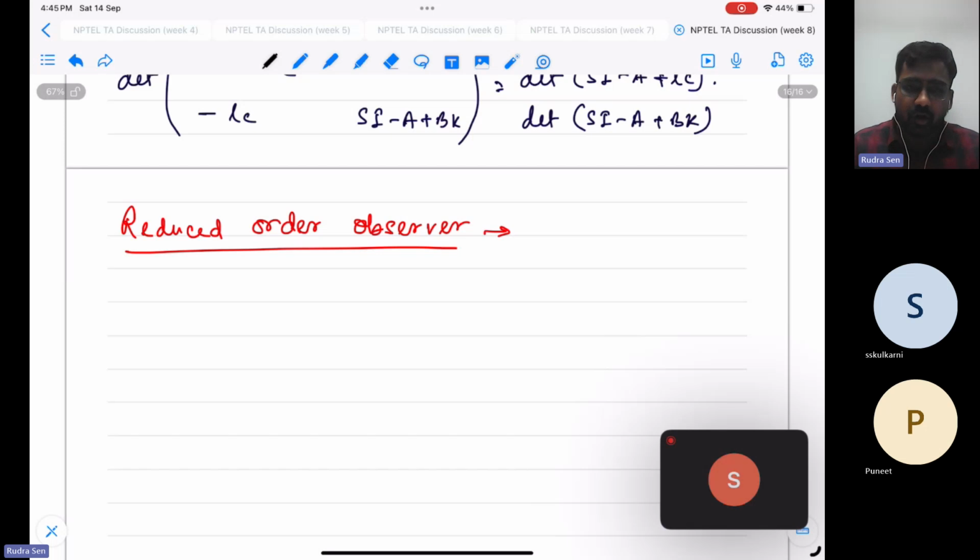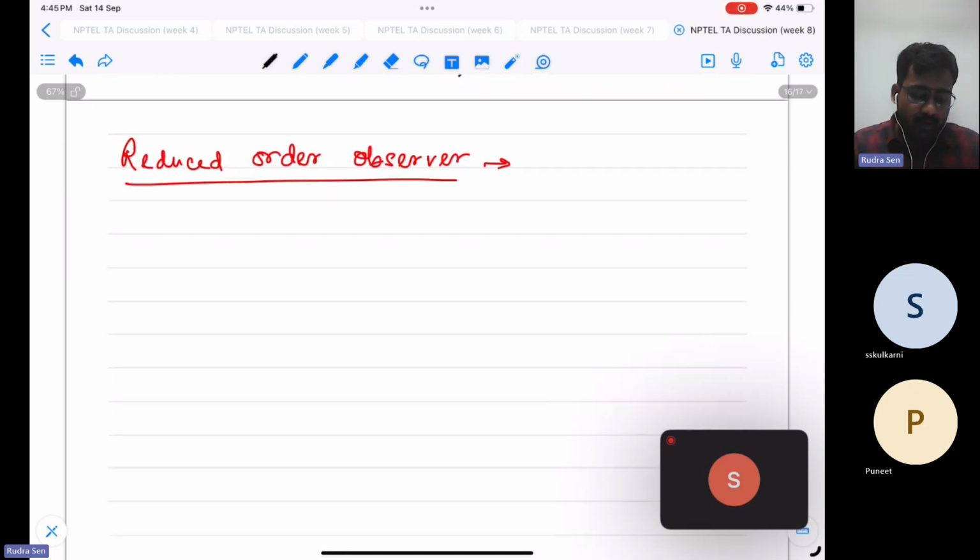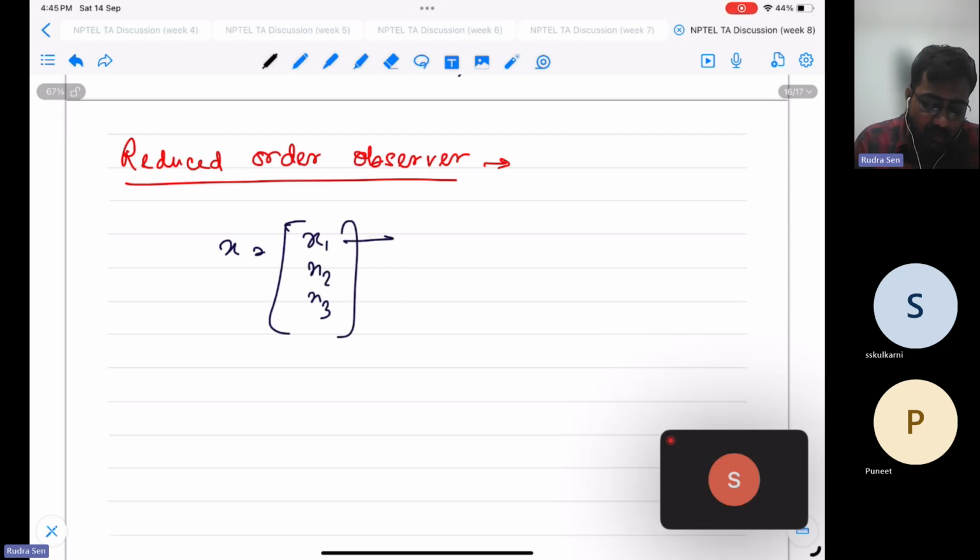So, in the reduced order observer, as I've already said, we cannot measure all the states, but we can measure a few states. Let's say I have a system with x equals x1, x2, x3. These two states are measurable, but this one is not.